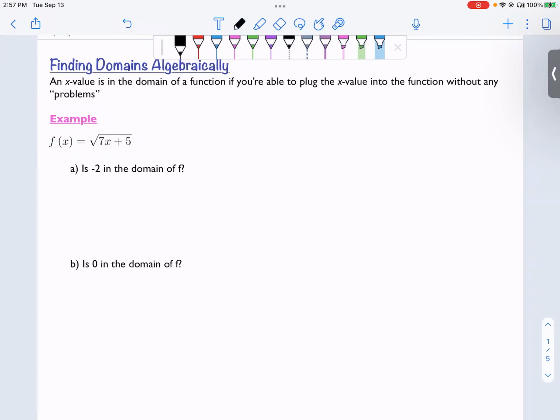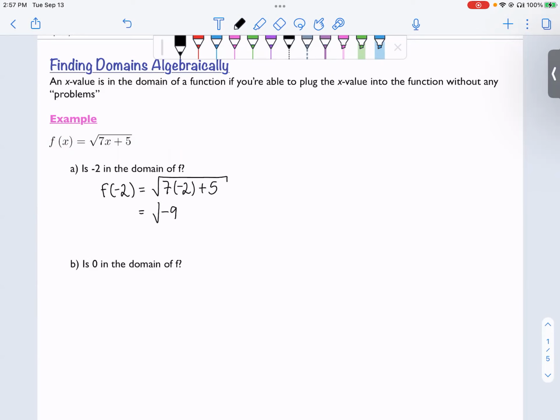Well, we can plug -2 in and see what happens. So f of -2, plugging -2 in. We have the square root of 7 times -2 plus 5. 7 times -2 is -14. -14 plus 5 is -9.